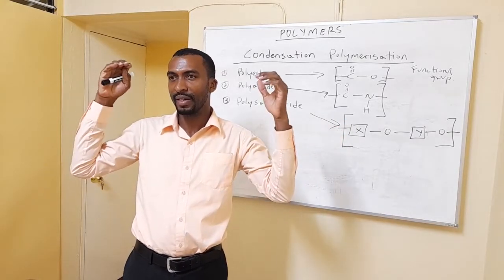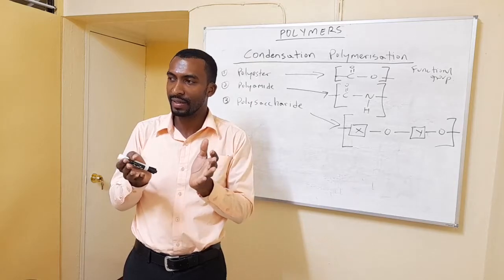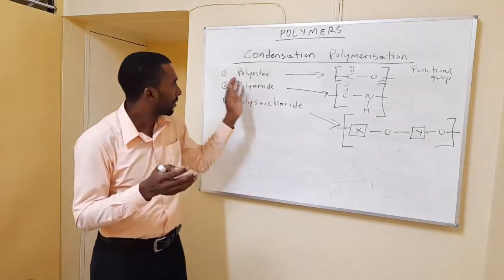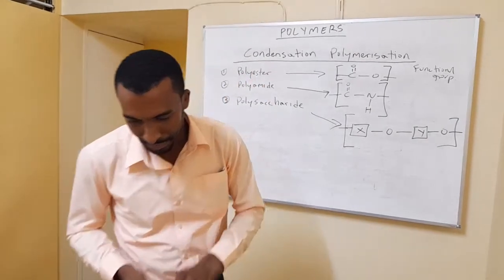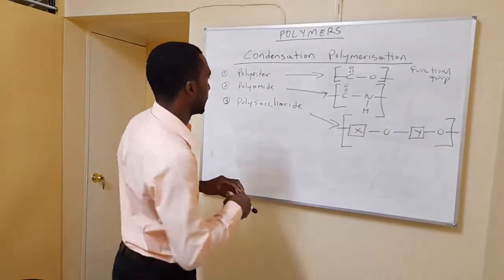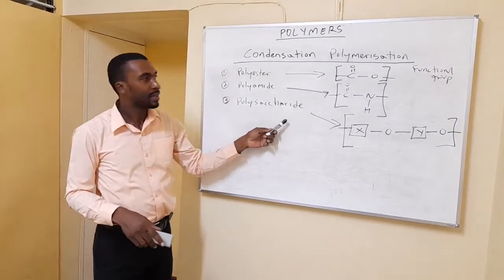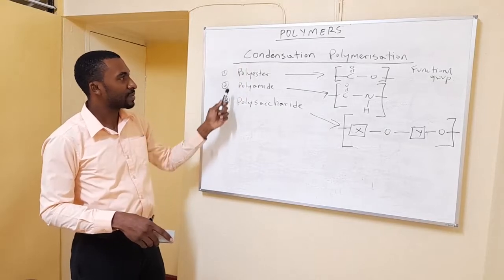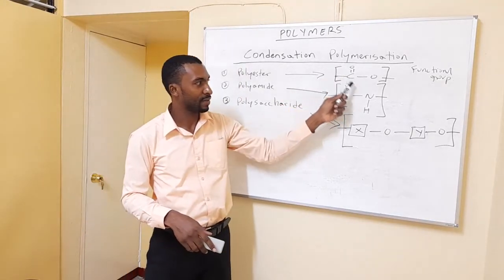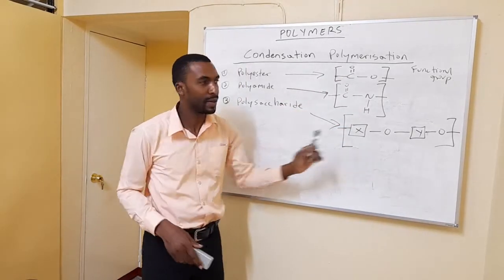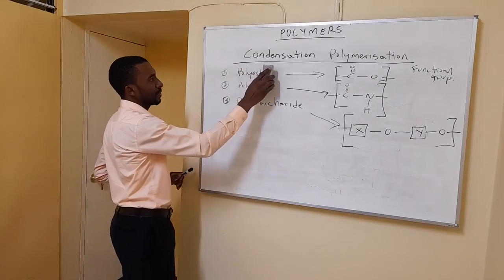Because if it has just one acid, say for example using the polyester, right? Let's look into it directly. So you have this from the board, right? You have the three different types of condensation polymers and the functional groups that we'll be looking at. So let us look at them one by one, right?